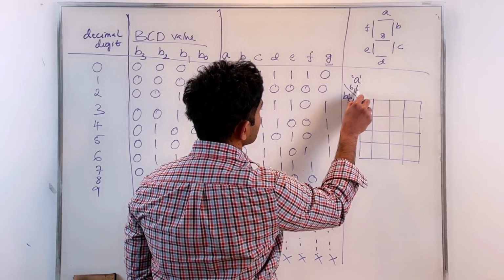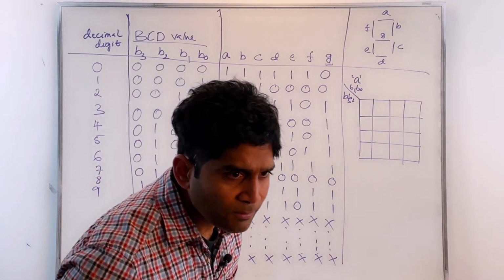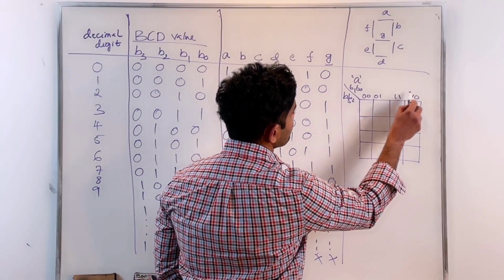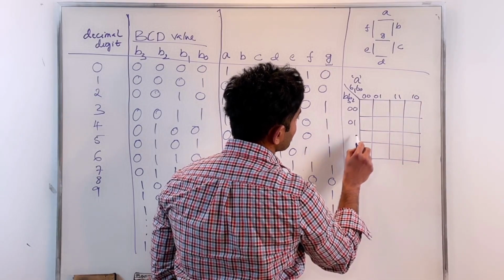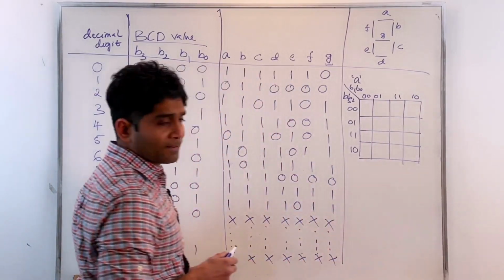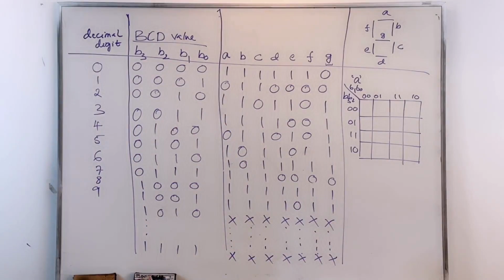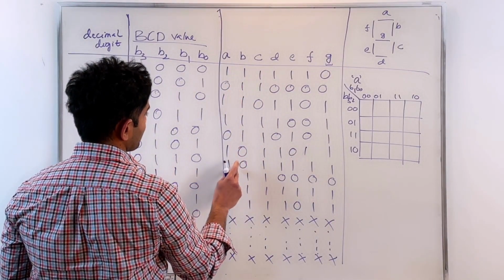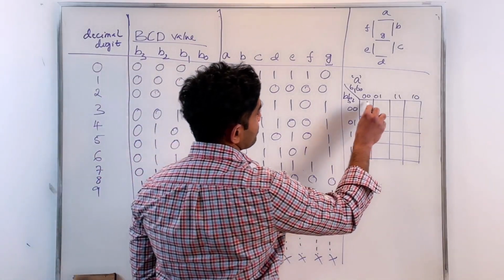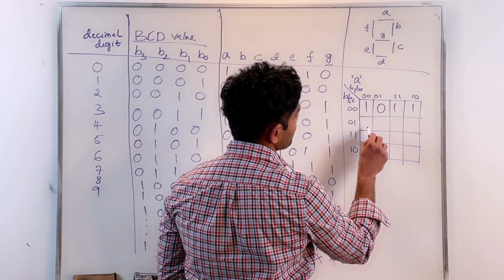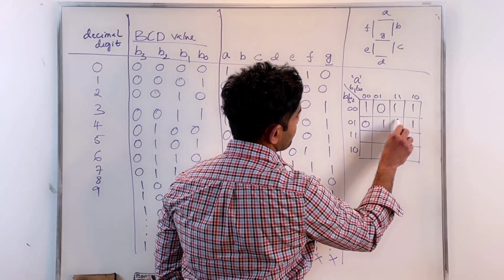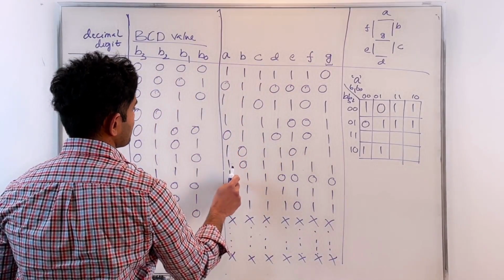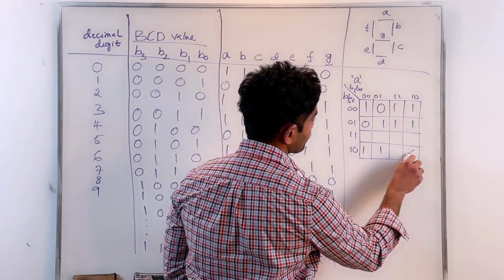Along the axes: 0, 0, 0, 1, 1, 1, 1, 0, and 0, 0, 0, 1, 1, 1, 1, 0. And what do I have? I have 1, 0, 1, 1, 0, 1, 1, 1, 1, 1. Okay. And then the rest of them are don't cares.